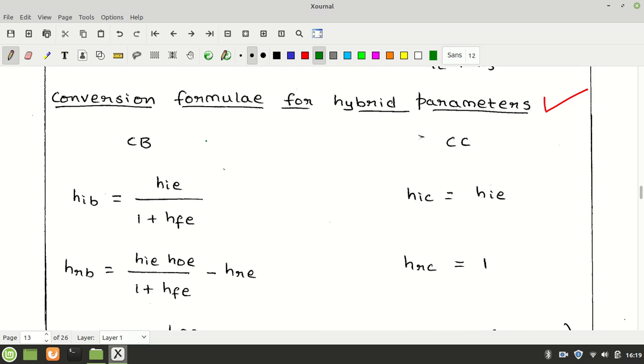And these are the conversion formulas used for the hybrid parameters.